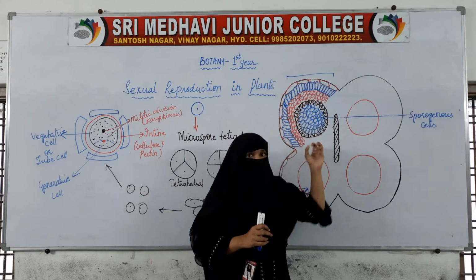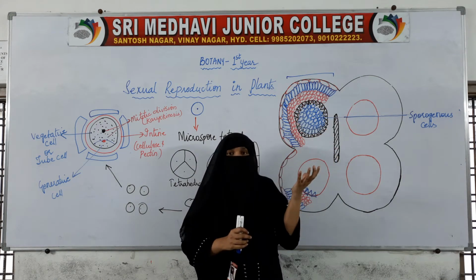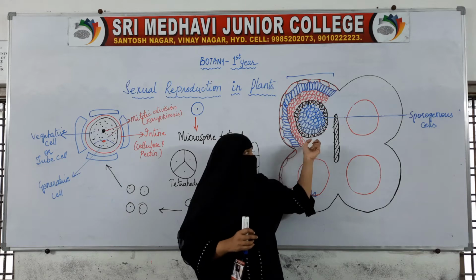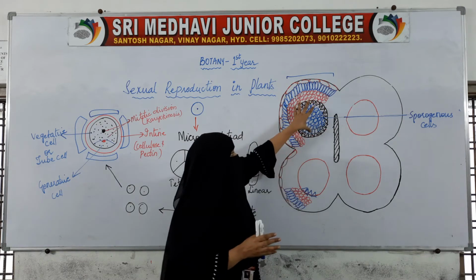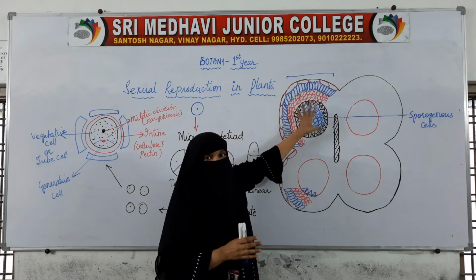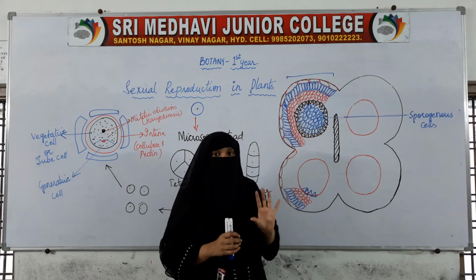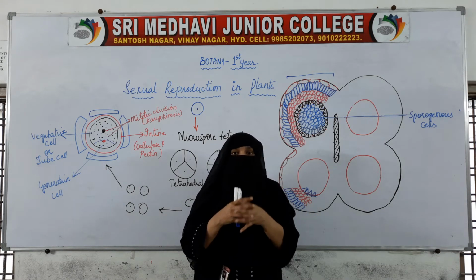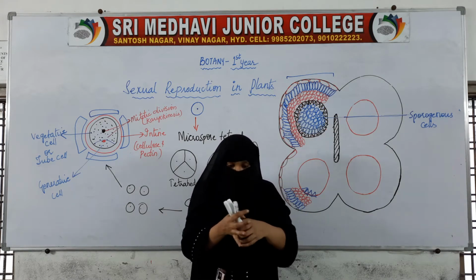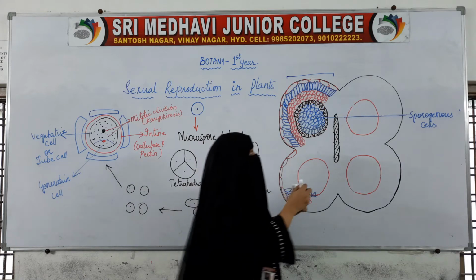Now because of the increase in the size of the microsporangium, there is more space inside it. The cells are not so compactly arranged. Because of the space, the cells have become loose.